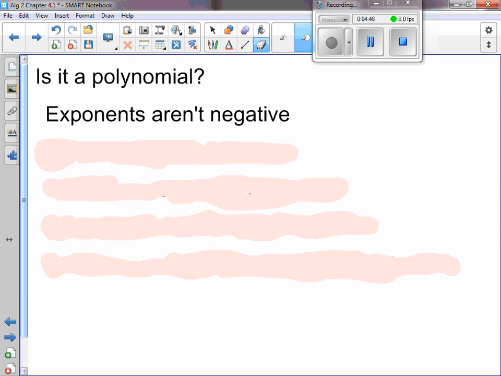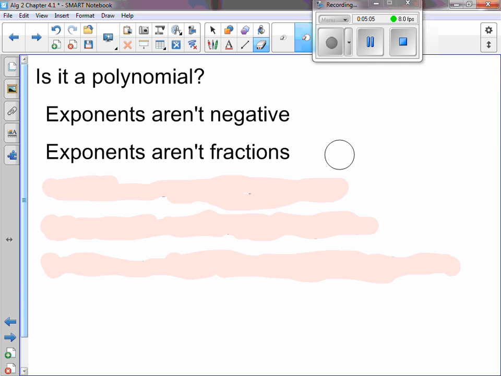It is not going to be a polynomial function if the exponents are negative. If it has a negative exponent, it is not a polynomial function. The next one: the exponents can't be fractions. If it's going to be a polynomial function, we cannot have fractional exponents. It will not be a polynomial function.